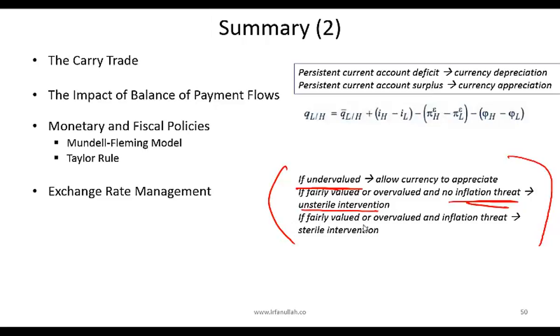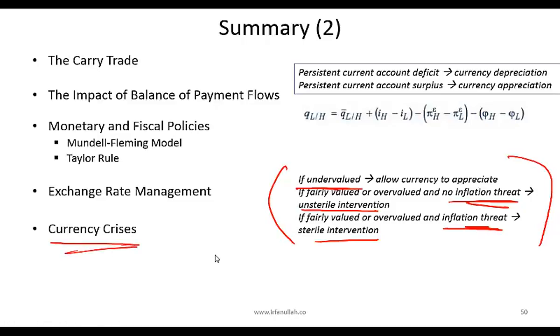If it is fairly valued or overvalued and there is an inflation threat, then you use sterile intervention. Simplistically, with sterile intervention, you are not creating more money. Whereas with unsterile intervention, the government or the central bank is actually expanding the money supply.